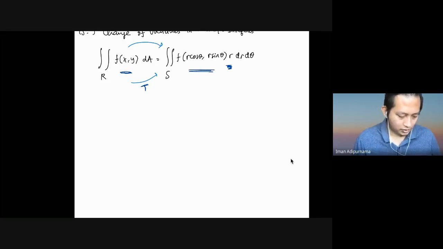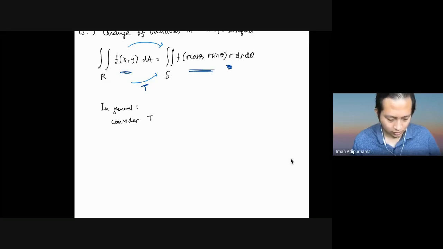Okay, in general, let me write in general. Consider T is a transformation.